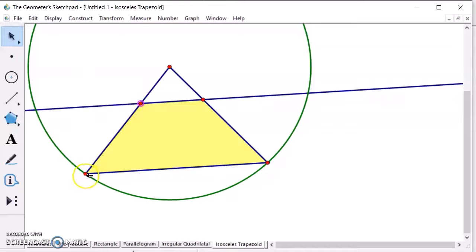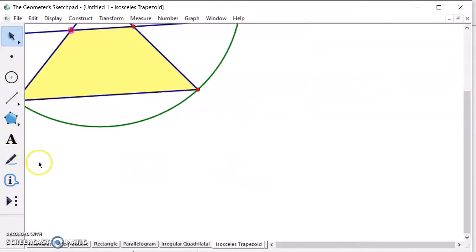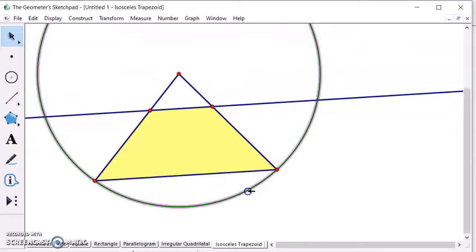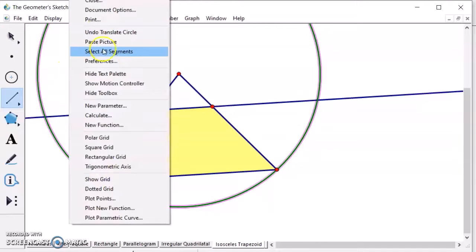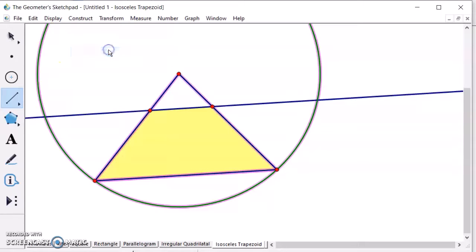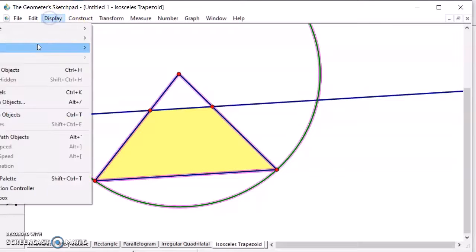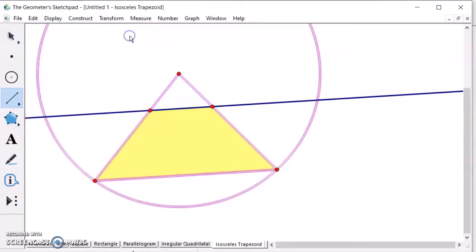Now I need to find these. Actually, what I'm gonna, whoa, where'd it go? Just going to change the, there we go.